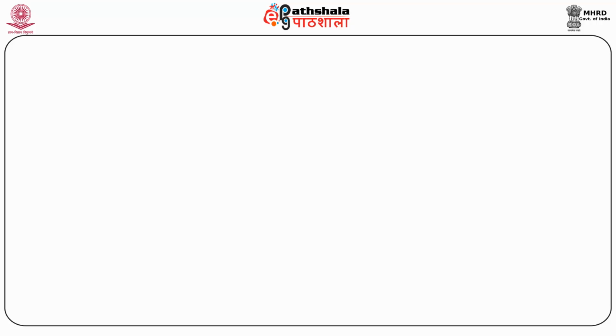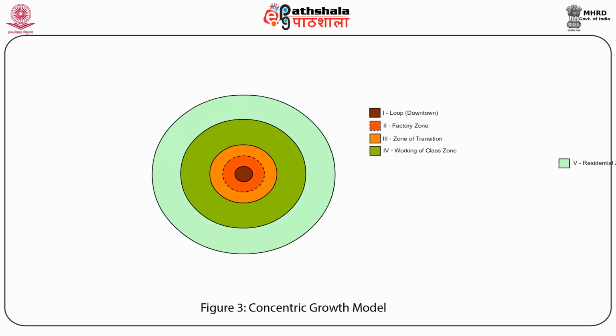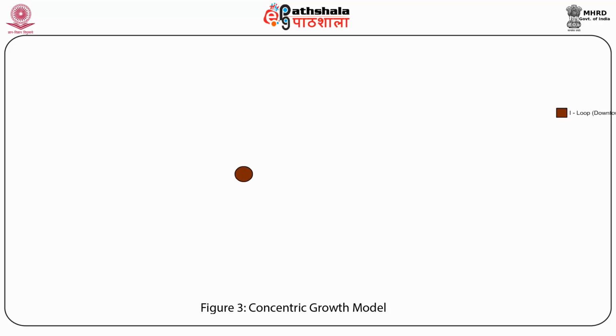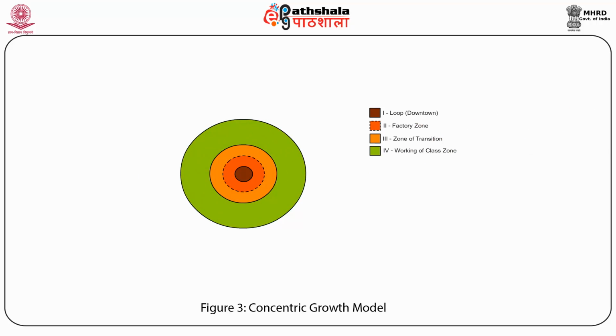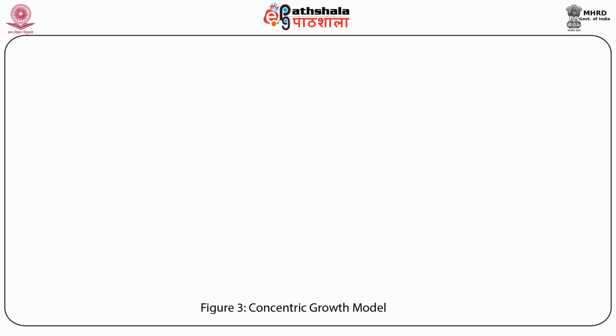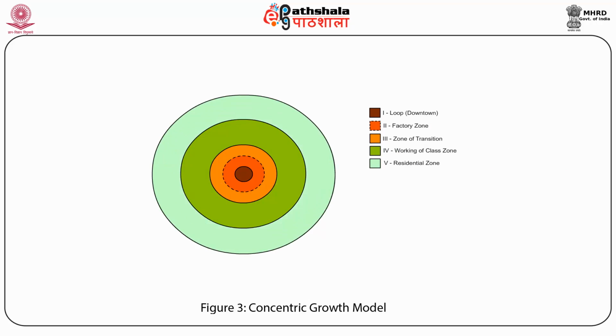Another approach is to have the concentric zone model, the sector model, and the multiple nuclei model. The concentric growth model is shown in figure 3. The concentric growth model was given by sociologist Ernest Burgess in 1923. According to this model, the growth of the city can be described in terms of a concentric ring.